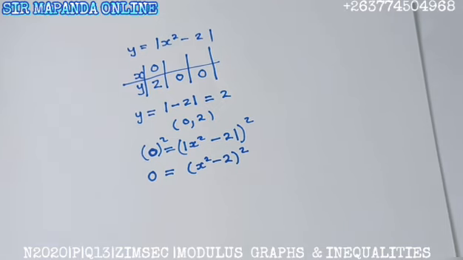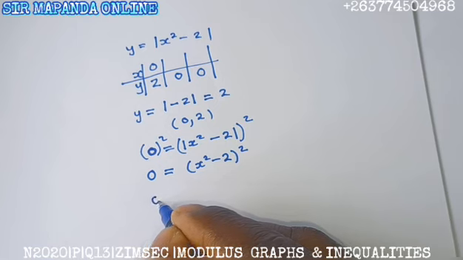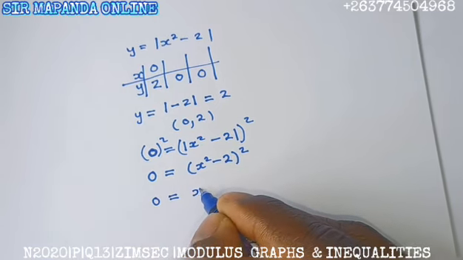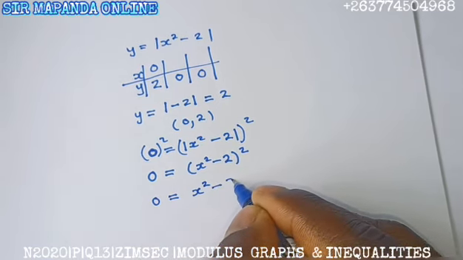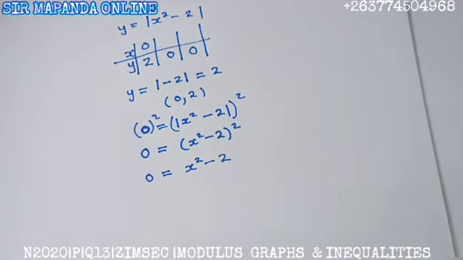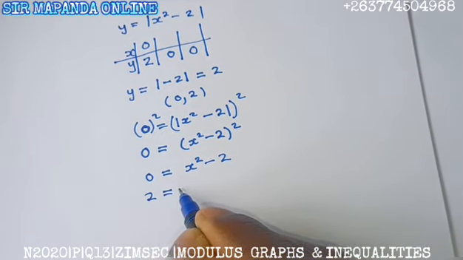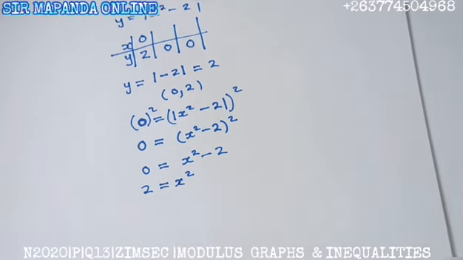Then take the square root of both sides. You get 0 equals x squared minus 2, since the square root of 0 is 0 and the square root of x squared minus 2 all squared is x squared minus 2. Now moving minus 2 to the left, you get 2 equals x squared.